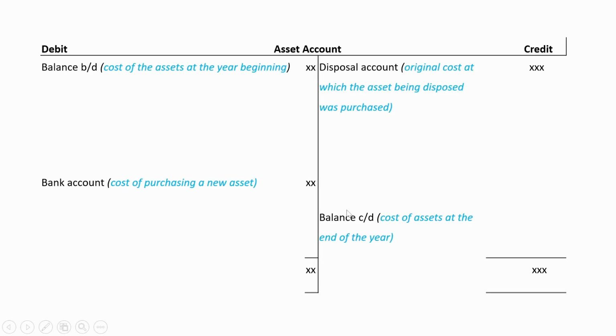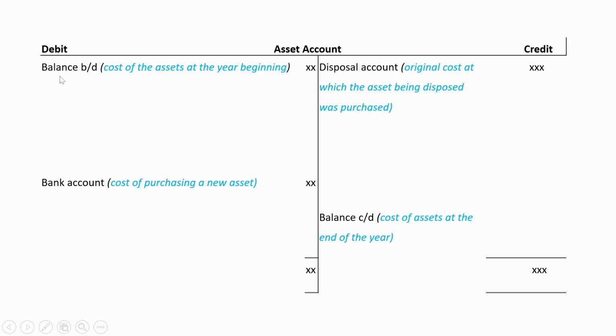So now let us see the format for asset account, because we are going to be preparing this one in an example. So this is the format of an asset account divided into two sides, debit and credit. Let us start with the debit side.